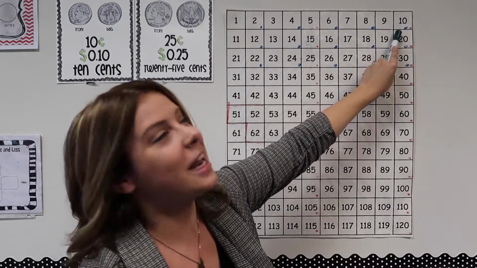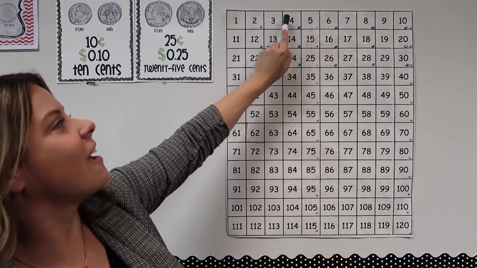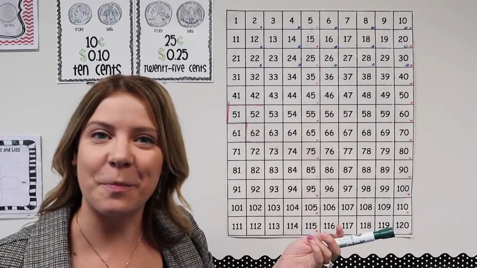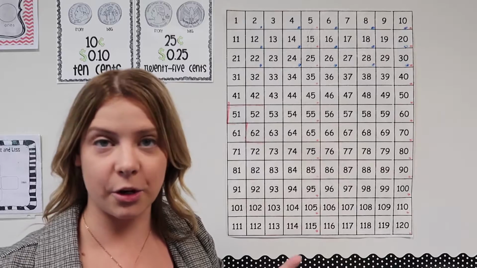Say this last bit with me, ready? 10, 9, 8, 7, 6, 5, 4, 3, 2, 1, and then you're at 0. So that's how we use the 120 chart to count by ones, but there are other ways to count.